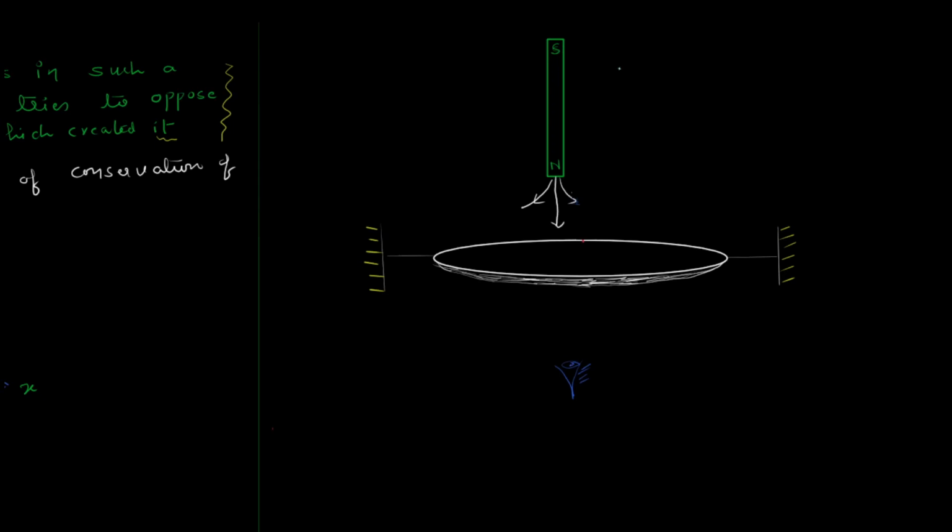If we drop this bar magnet with this orientation, the question is, if you're seeing from here, will you see the current in the ring in clockwise direction, or will you see the current in anti-clockwise direction? That's the question.